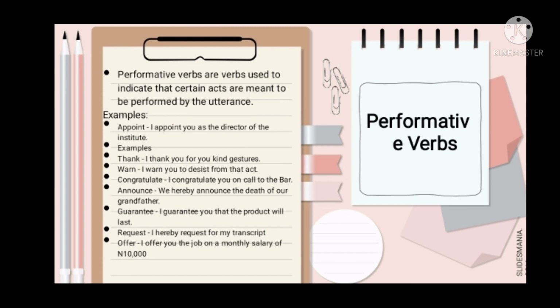Like what I have said earlier, perform meaning you'll do a certain act. You have to perform a certain act in order to achieve something. Examples are to appoint, to thank, to warn, congratulate, announce, guarantee, request, and offer.